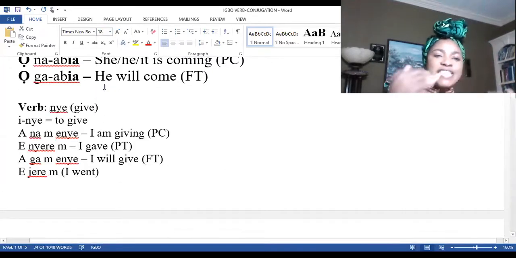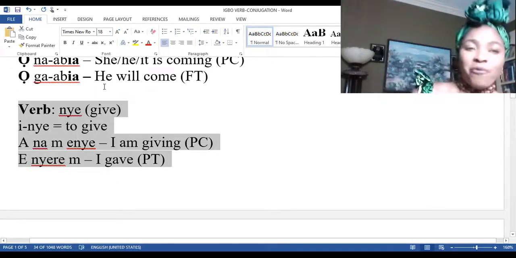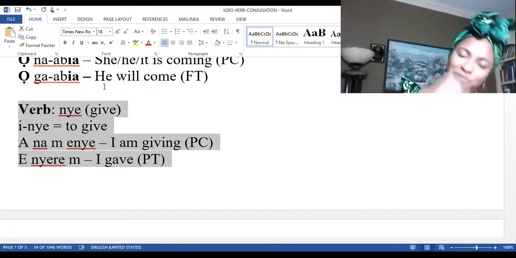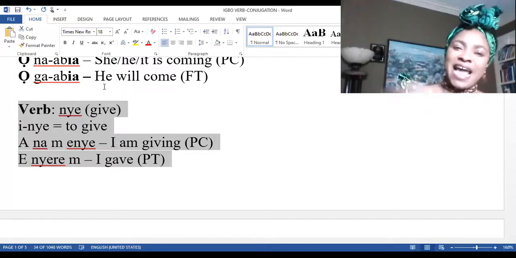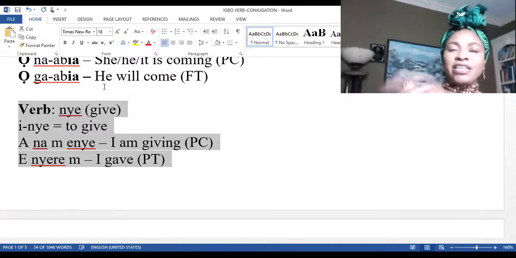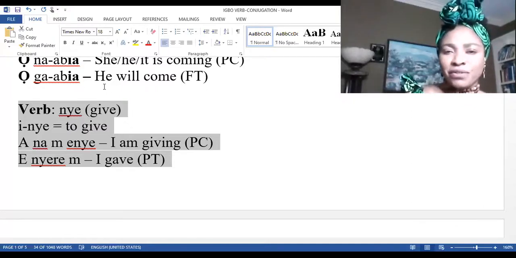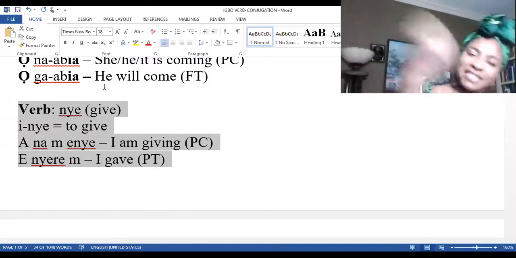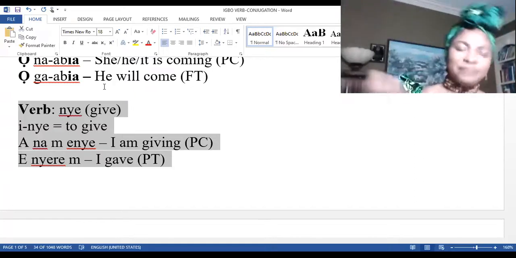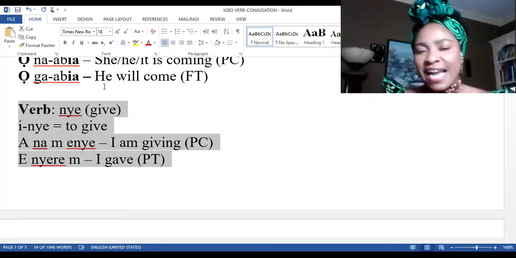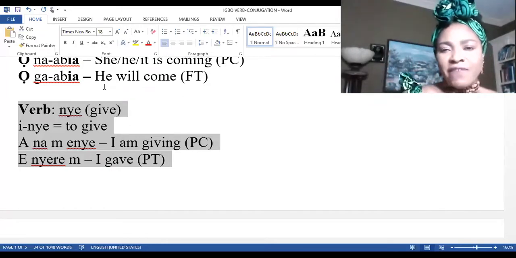Verb: nye is give. When you say nyam, nyam means give it to me. Nyam, nandi, nyam. Chika, nyam. It's like you're trying to tell them to give it to you. Nyam akwụkwọ, nyam akage, nyam ngaji, nyam afere.